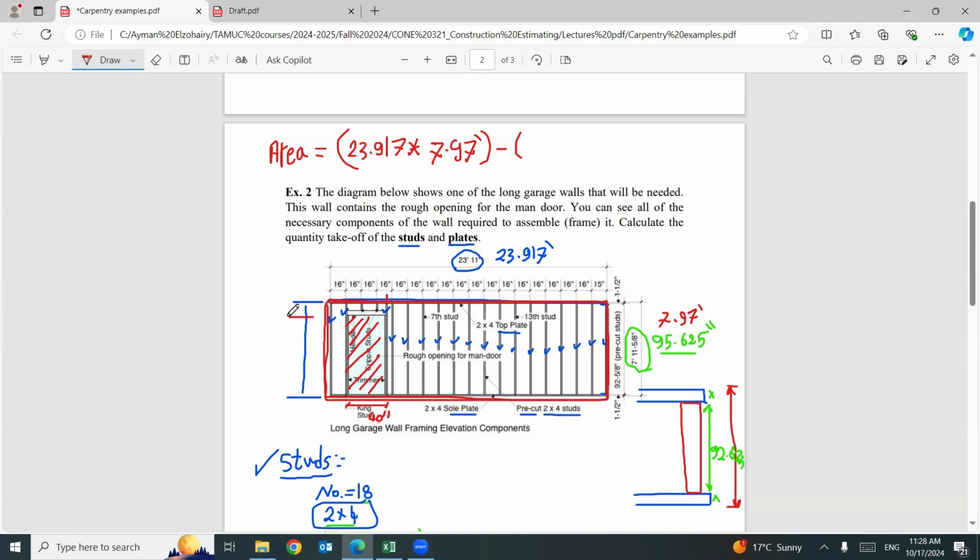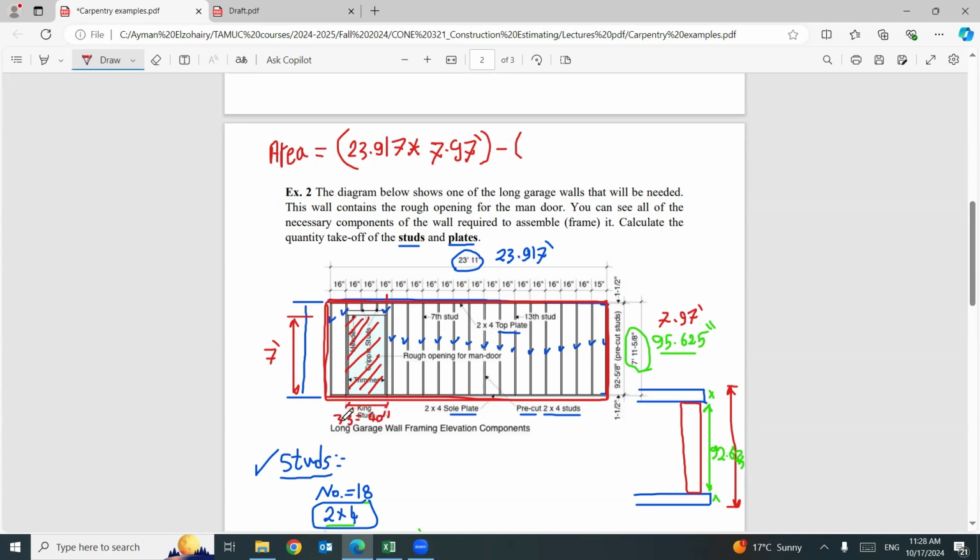And for the height, it's not given, but you can find it from your AutoCAD drawing or whatever. So the total height, maybe we can assume it like 7 feet. So 40 inch equals 3.3 feet.